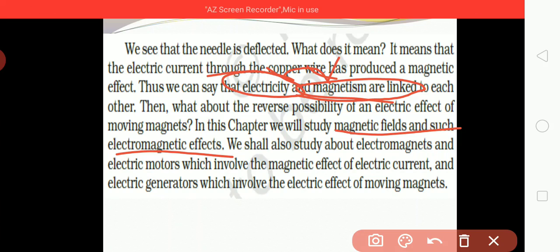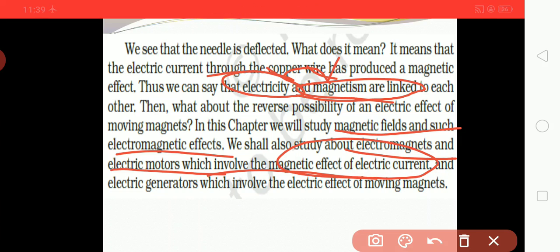In this chapter we will study the magnetic field as well as the magnetic and electromagnetic effect of a particular apparatus, structure or circuit. We shall also study the electromagnet and electric motor, which involve the magnetic effect of electric current.